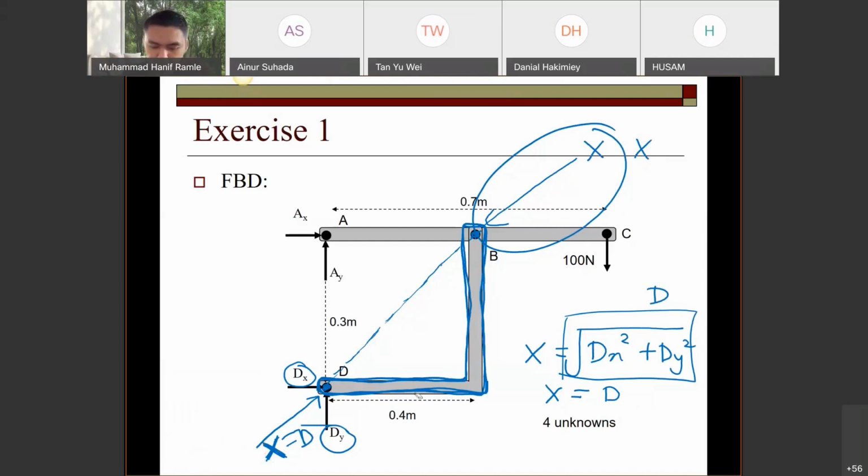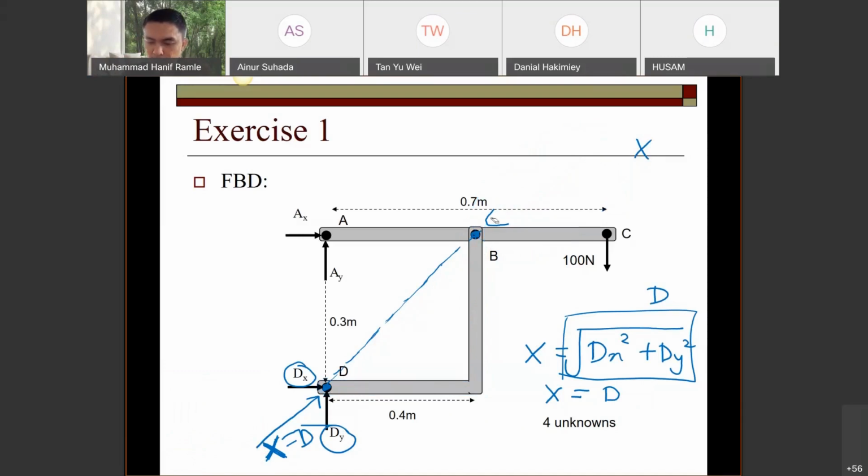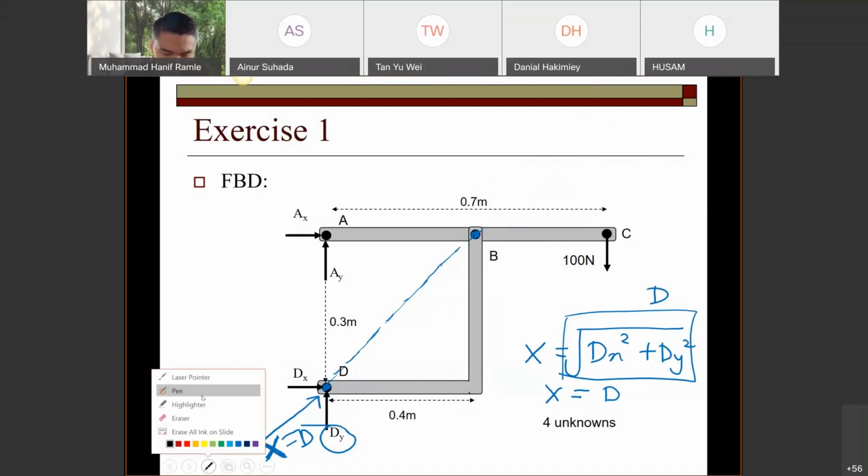So again, if I draw the overall system without having the BD, there is no more x here. The remaining one is only x or d. So from here, once you have x equal to the square root of dx squared plus dy squared, you will eliminate these two unknowns.